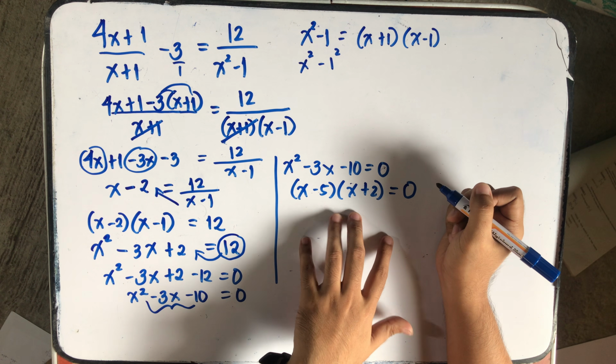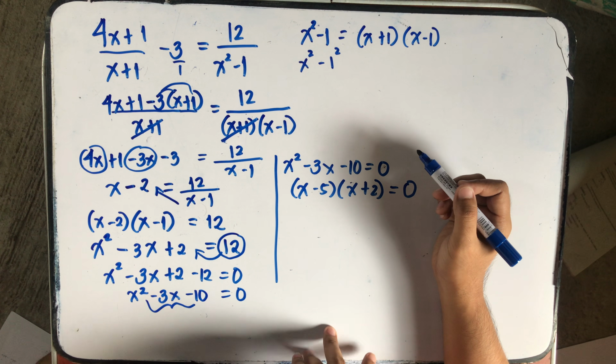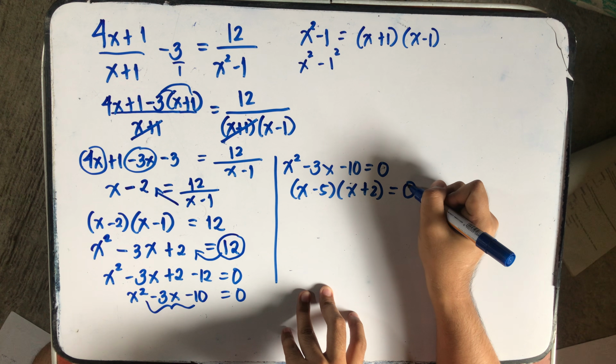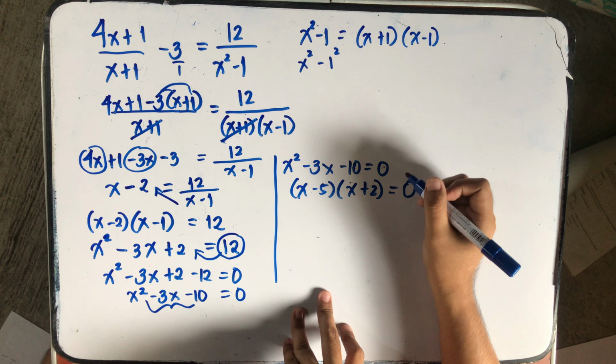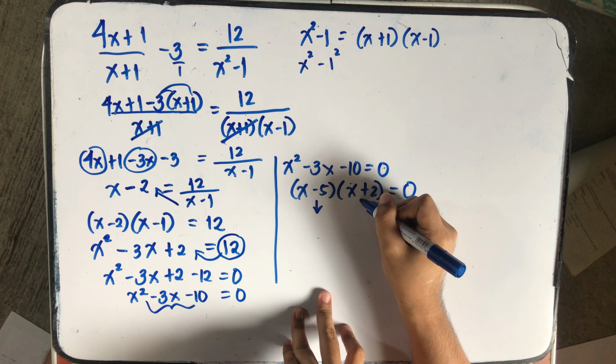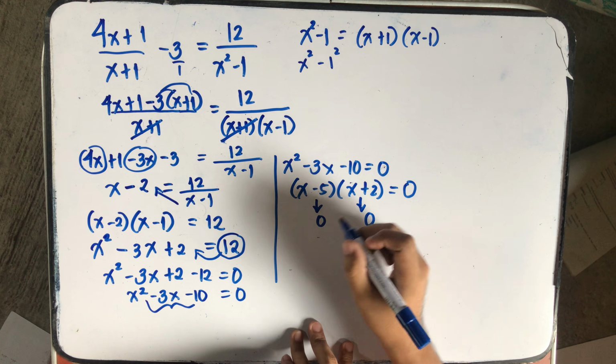These are the factors of x squared minus 3x minus 10. In this case, all we have to do is to equate each factor to 0 in order for us to get the values of x.